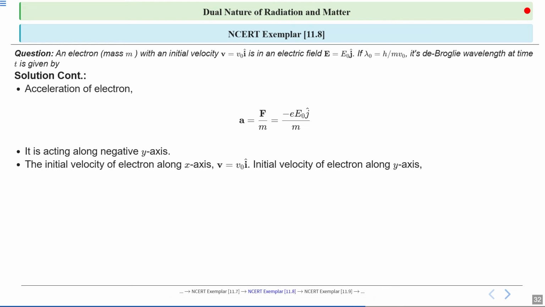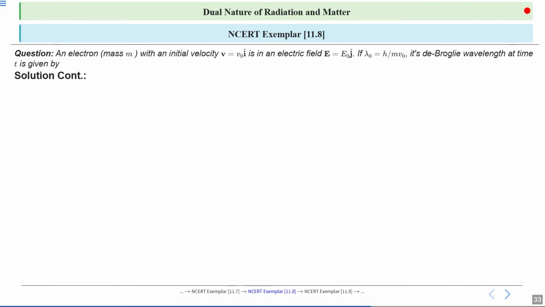The initial velocity of the electron along the x-axis is v equal to v naught i cap, and along the y-axis it is 0. This means that at the start the electron is not moving up or down, only sideways along the x-axis. As time passes, the electric field will cause it to gain velocity in the y direction, because acceleration is in the y direction.